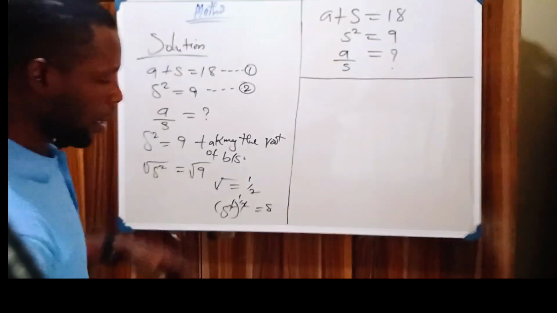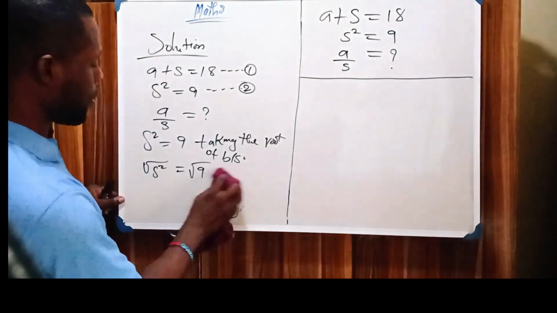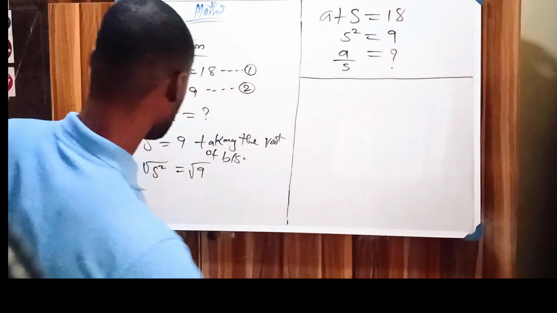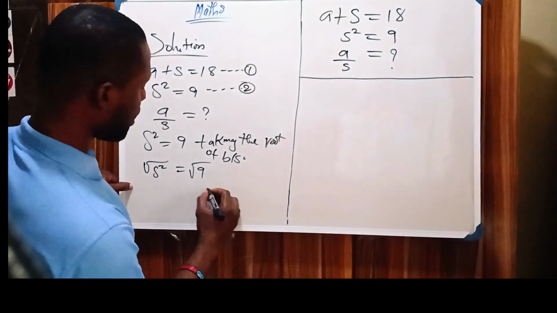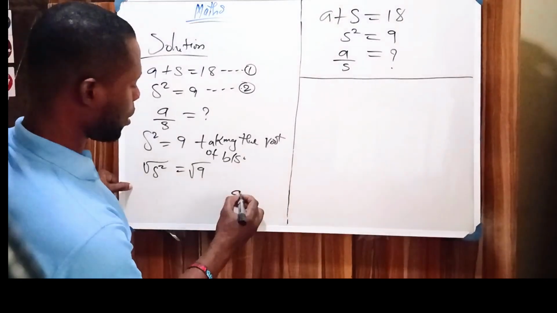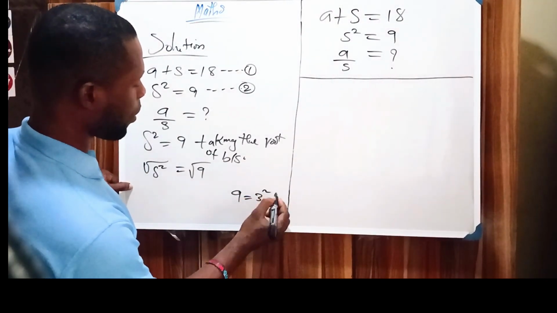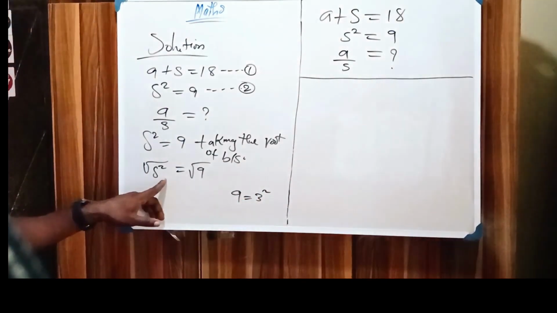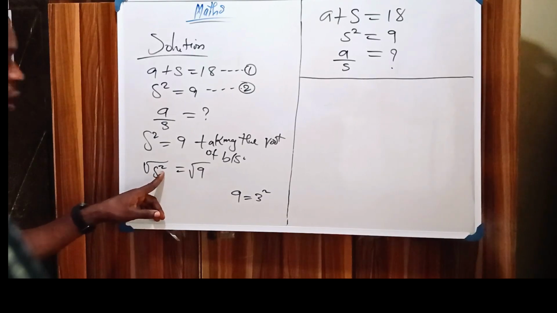Having known that, we can also write 9 as 3 raised to the power of 2, just like s raised to the power of 2.